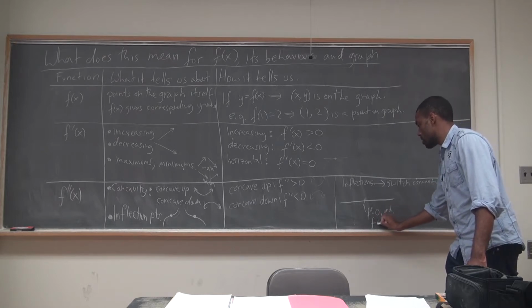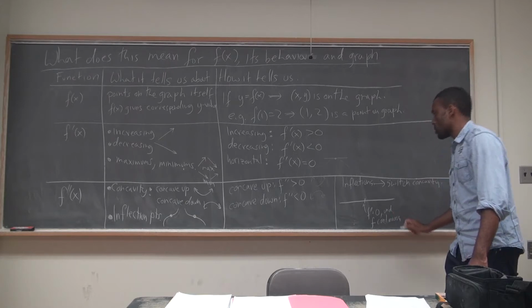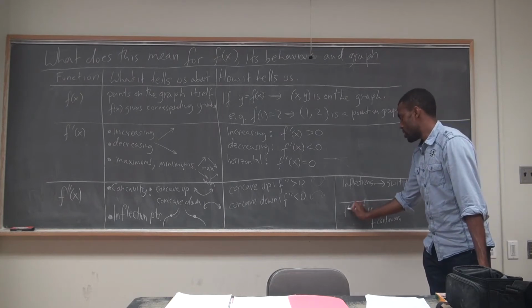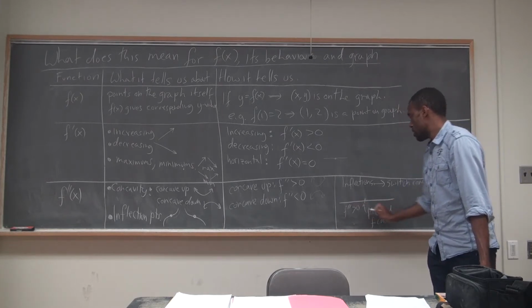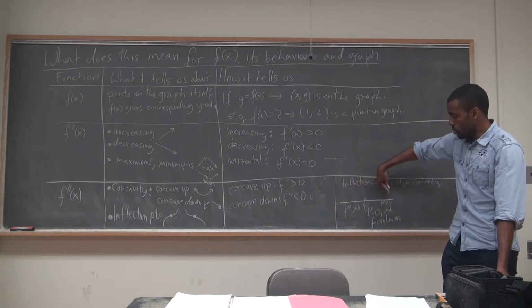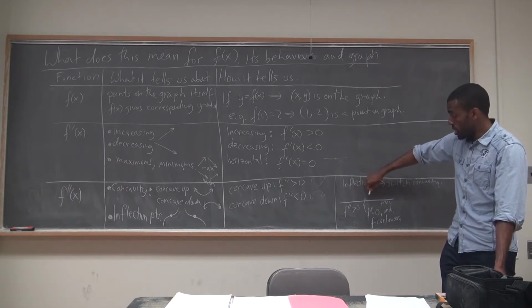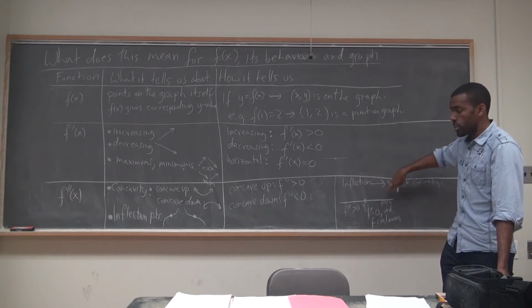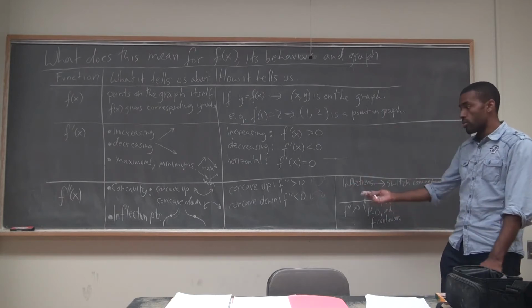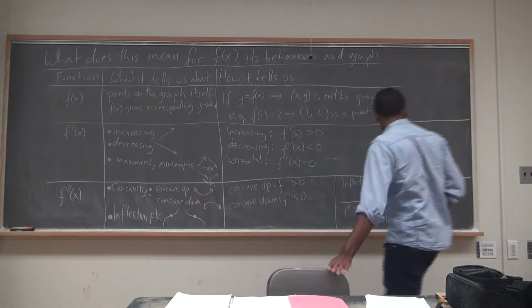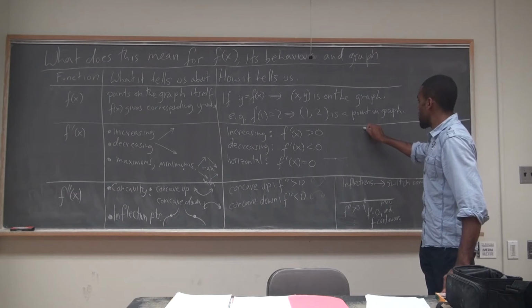F continuous here. Right? But on the right side, you have your f double prime is positive, while over here you have your f double prime is negative. Once you switch this, the second derivative switches sign, it means you hit an inflection point. It means like on one side you're shaped like a smiley face, but on the other side you're shaped like a frowning face, or vice versa. Right? It ends up being something like this happening.